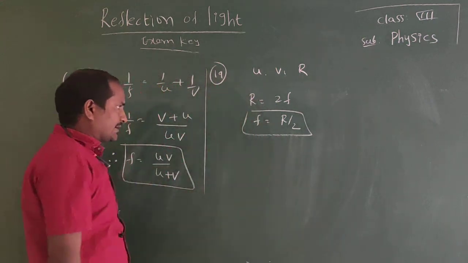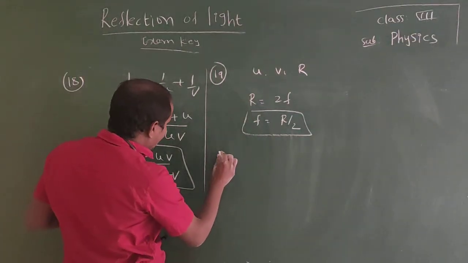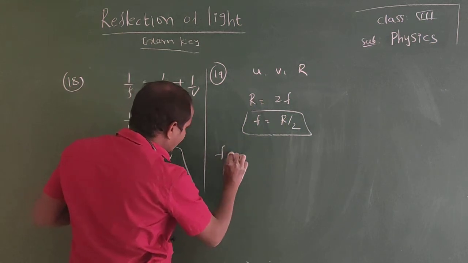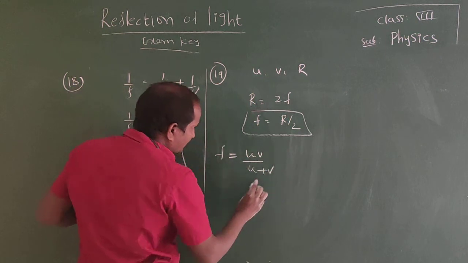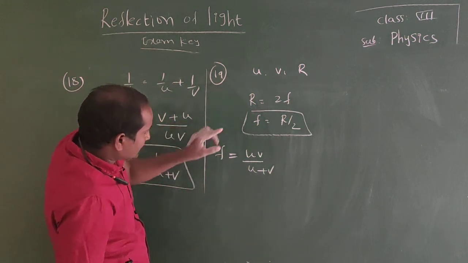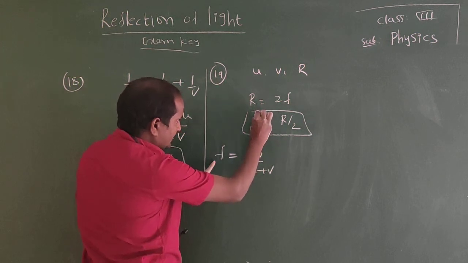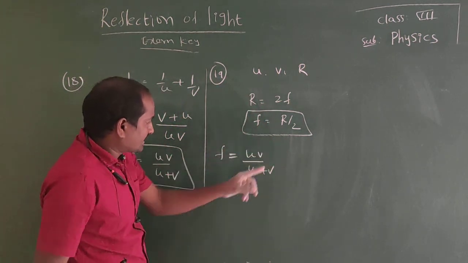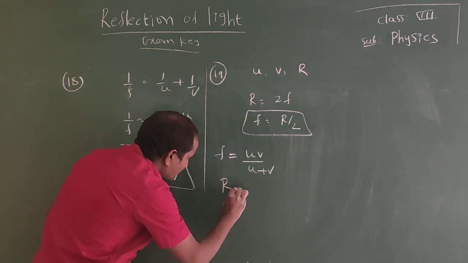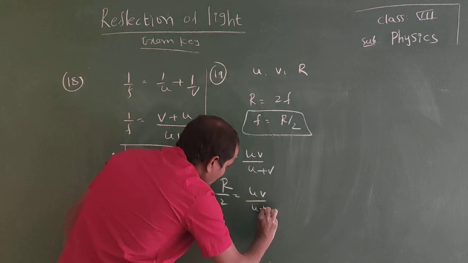It is the relation between F and R. But we know that F equal to UV by (U plus V). From the above equation, in the place of F we can write R by 2. So here R by 2 equal to UV by (U plus V).